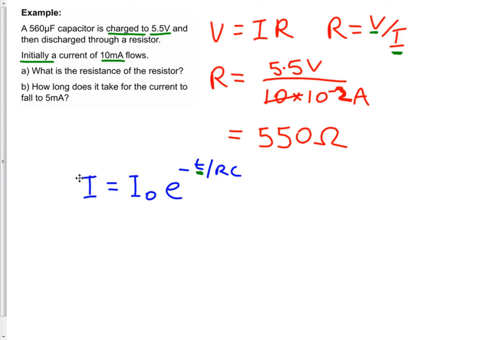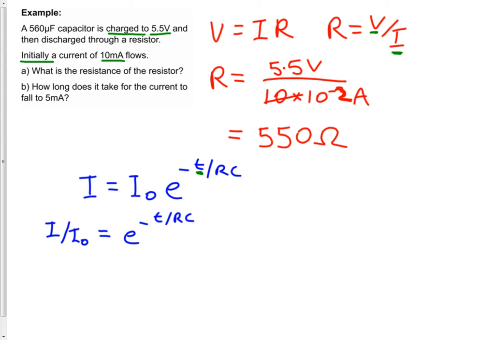So the way I'm going to do it is by rearranging everything first and then plugging the numbers in, but you're welcome to take whatever approach you like. So what I'm going to do is divide both sides by I naught. So I on I naught equals e to the minus t over RC, and what I'm going to do then is take the natural log, the ln, of both sides.